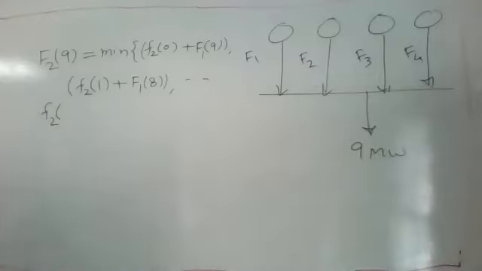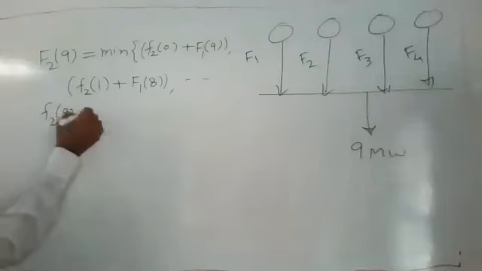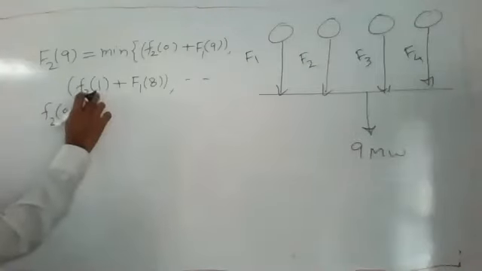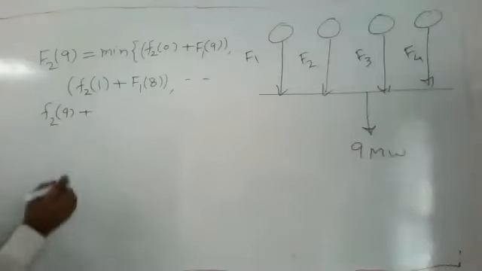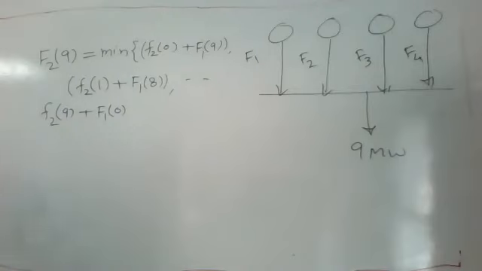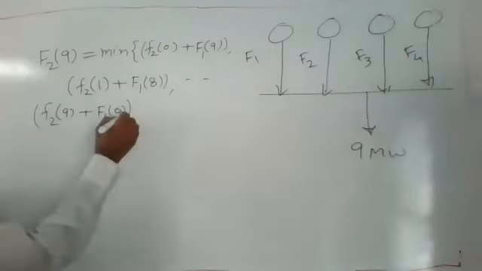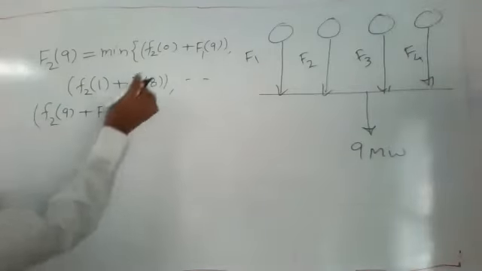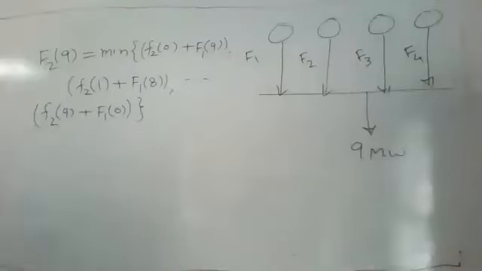In that way, if you are finding the last one, then this is F2 9. You increase here by 1 and decrease here by 1. Then this is F1 0. So in that way, you are getting certain numbers and find the minimum number from these. That is F2 9.